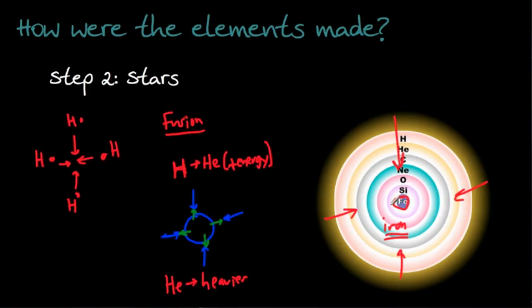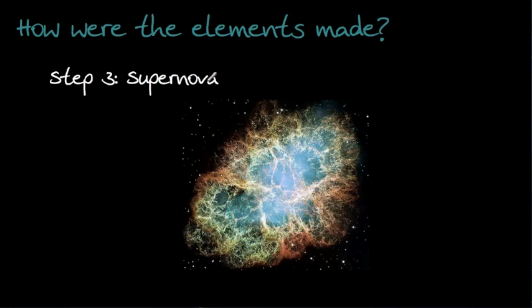Now with iron, something very special happens: this material can't be squished anymore, so we call it electron degeneracy pressure and also neutron degeneracy pressure. Those are advanced terms, but basically the core of the star essentially goes really solid, and that means all the other material can't really go inwards anymore, so what does it do? It bounces off. And when it bounces off, it makes what we call a supernova.